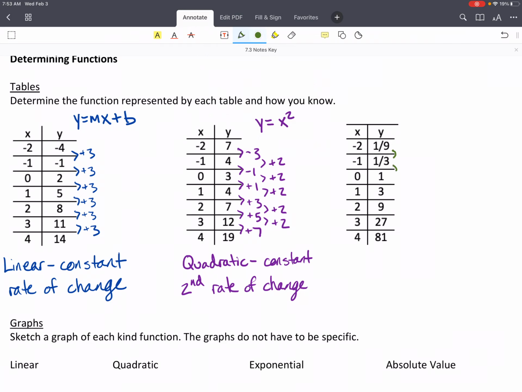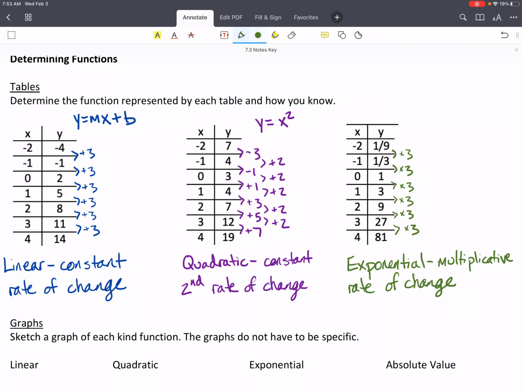And my next one, I see that it's multiplying by 3 every time, which means that this is going to be an exponential equation. Has what we call a multiplicative rate of change, meaning it multiplies every time.